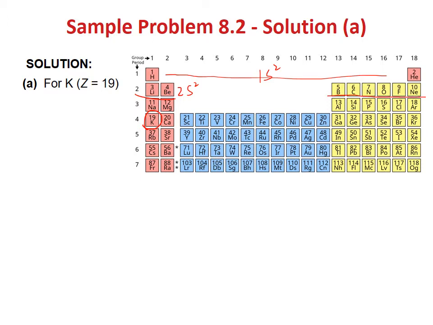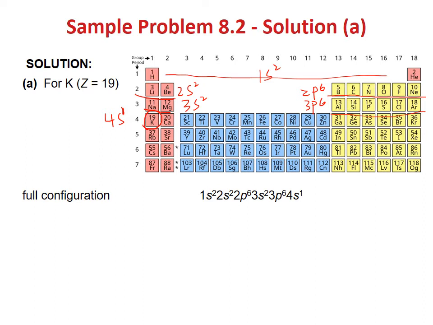Boron to neon, 2p, 6 electrons. Sodium to magnesium, 3s2. Aluminum to argon, 3p6. And potassium has one more electron, which goes to 4s, 1 electron. All right, so the full configuration is 1s2, 2s2, 2p6, 3s2, 3p6, 4s1.